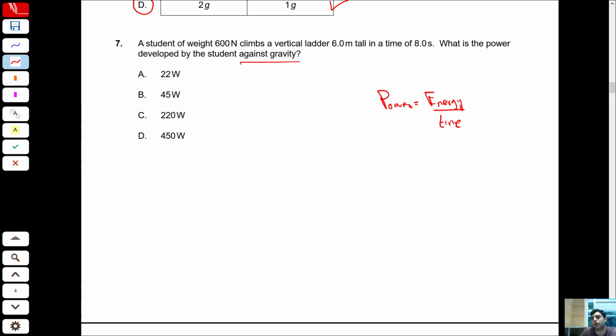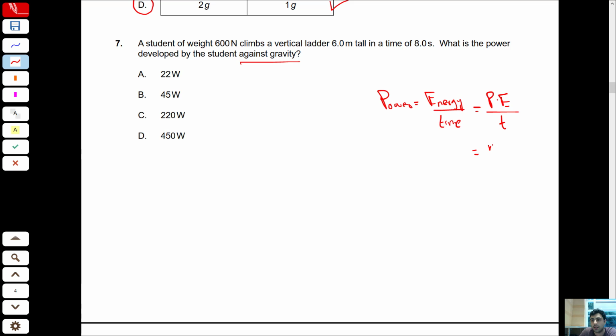Now this energy can be any type of energy. It can take any form: kinetic, gravitational, heat, or thermal. But in our case it has to be gravity because the student is doing work against gravity. So it will be potential energy, work done against gravity, which is gravitational potential energy divided by time.